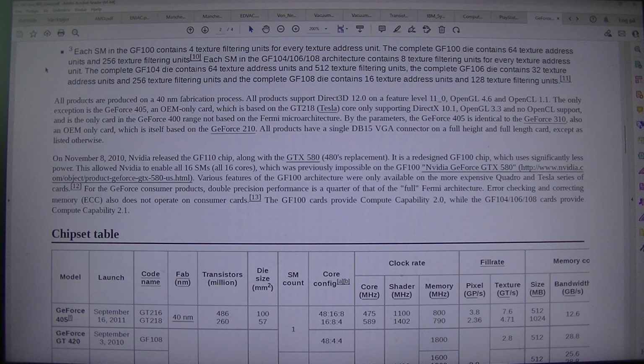The complete GF104 die contains 64 texture address units and 512 texture filtering units. The complete GF106 die contains 32 texture address units and 256 texture filtering units, and the complete GF108 die contains 16 texture address units and 128 texture filtering units.